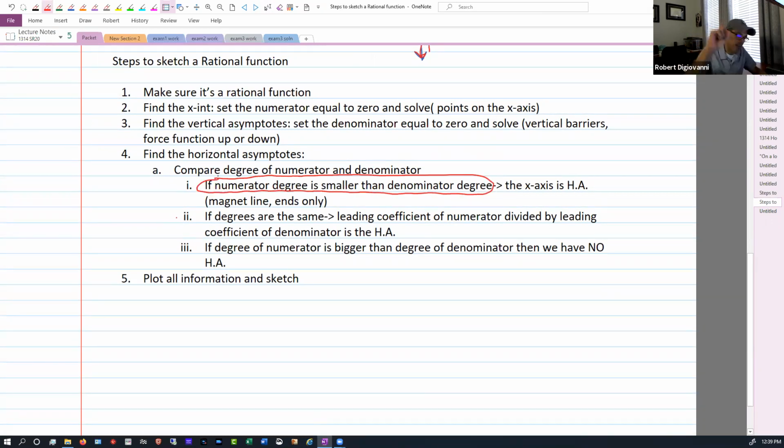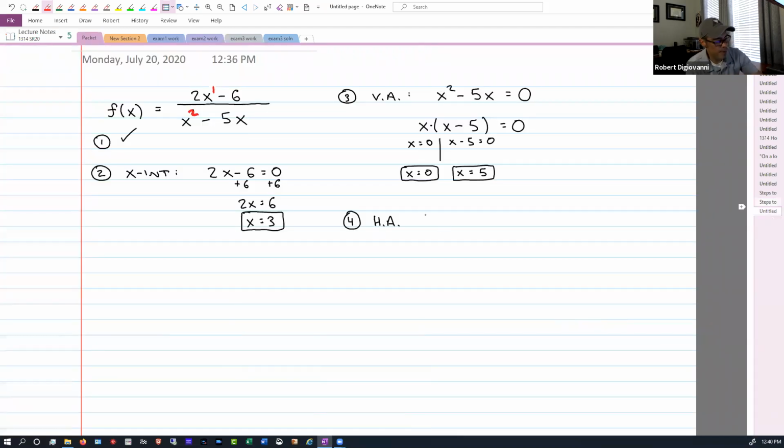The numerator was 1, the denominator was 2, right? So the numerator is smaller than the denominator. Yes. Then the x-axis is the horizontal asymptote. You understand that? So from this, I know that the x-axis is my horizontal asymptote.